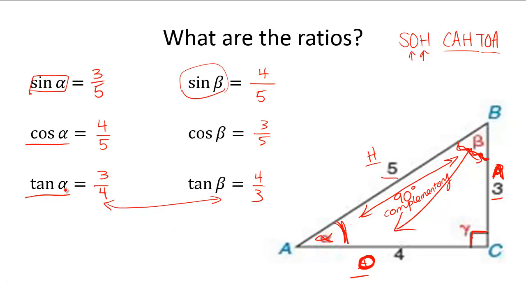So notice that the tangent of a complementary angle will just be a reciprocal. The sine and the cosine will be reciprocals of each other. These are just interesting things to notice because it leads us to shortcuts in the future, but don't worry too much about that at this point.